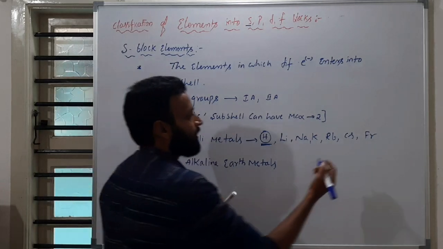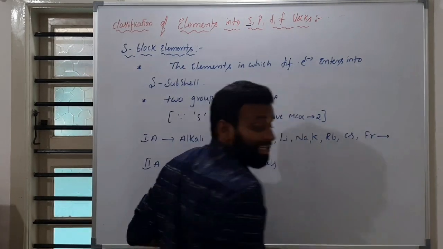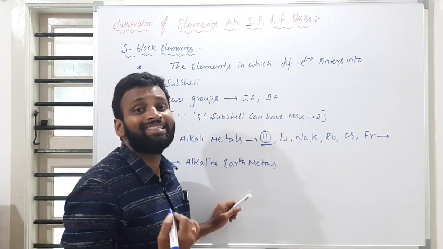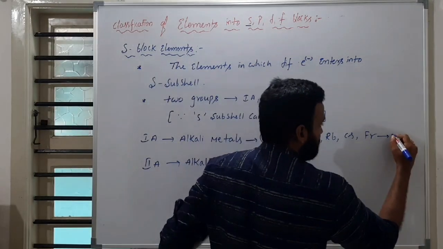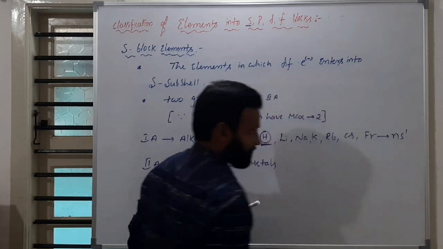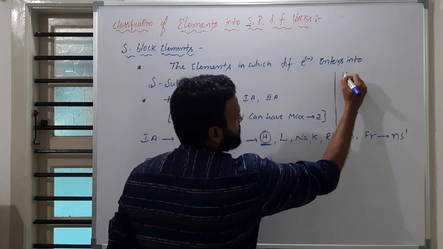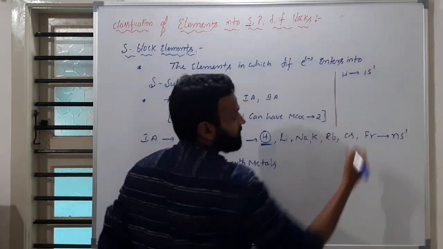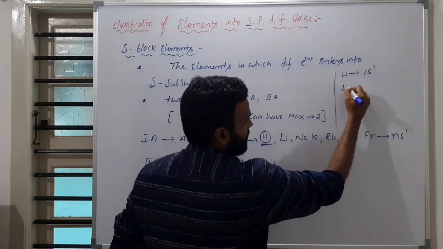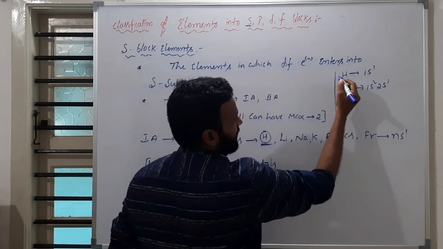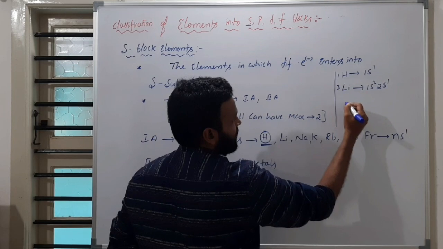Why? They all have one similarity in the last shell configuration, which is called the valency shell configuration, and simply we call it ns1. Why, sir, like that? I will give you an example. Hydrogen configuration is 1s1, right? And lithium configuration is 1s2, 2s1, because the atomic numbers are 1 and 3.